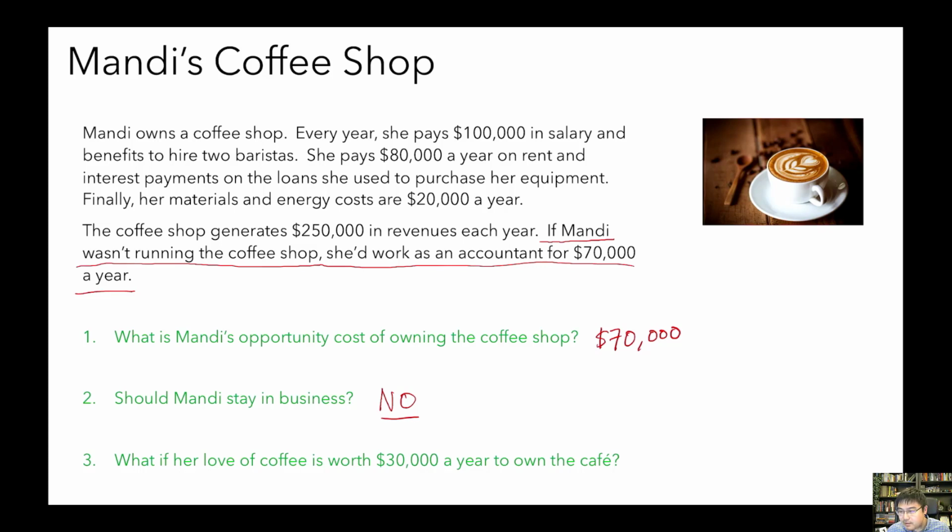Right? So in that case, if the new opportunity cost, if she has a love of coffee, is $40,000, and the profits that the coffee shop is generating is $50,000, then now the answer would be she should stay open, right? Then she should keep running the coffee shop.